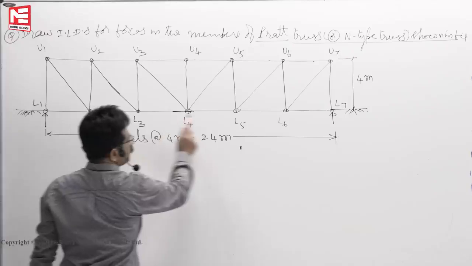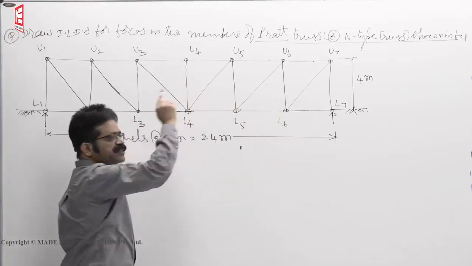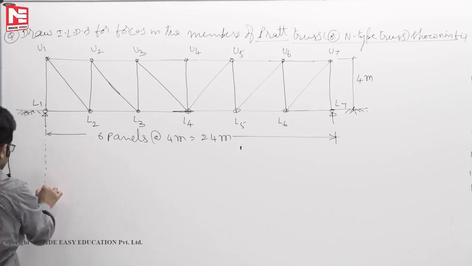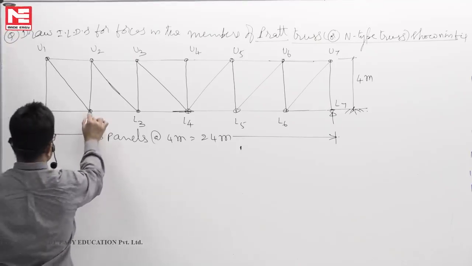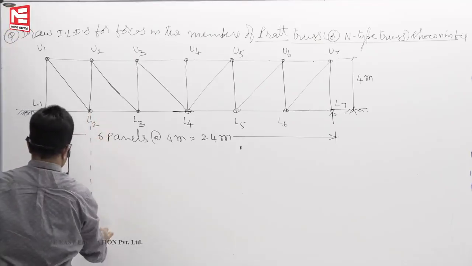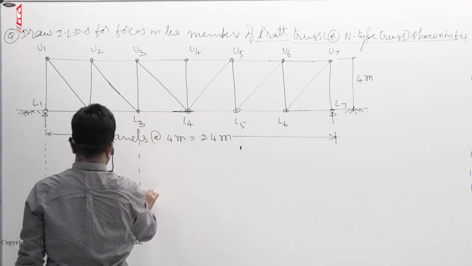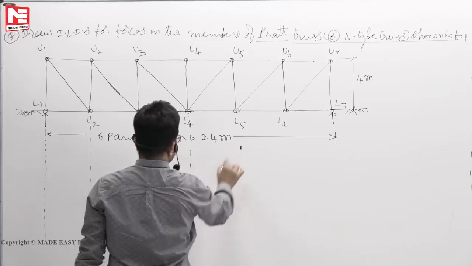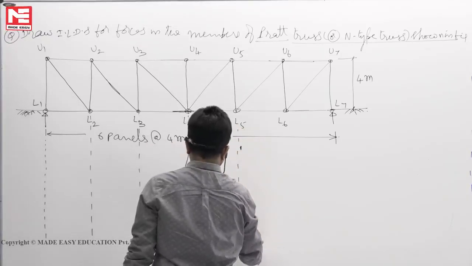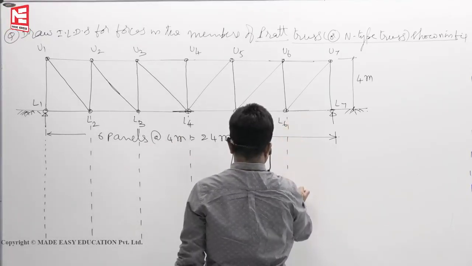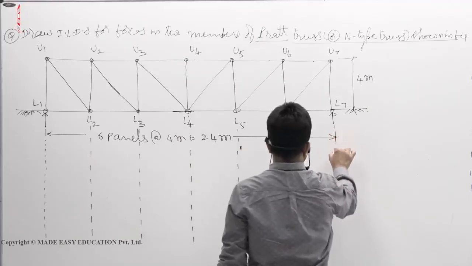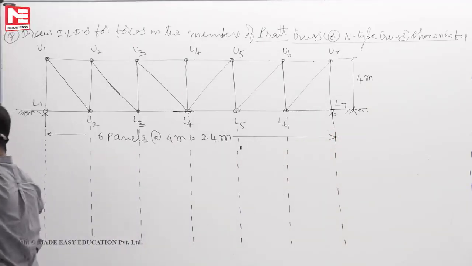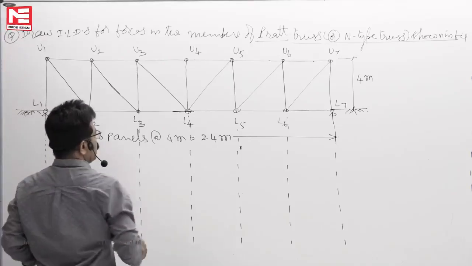As the load is moving from one end to the other end, how forces in the members change? We want to plot.